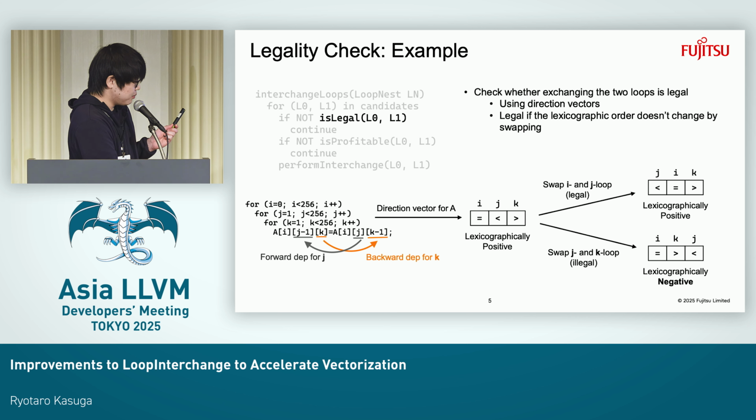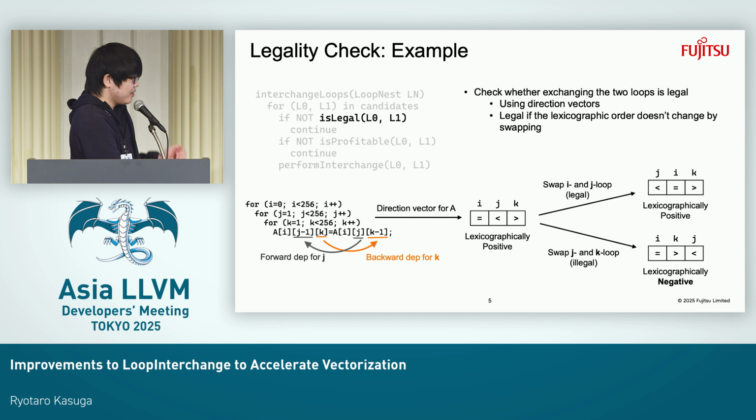We don't have any loop carried dependencies for the I loop, we have a forward dependency for the J loop, and a backward dependency for K. It is encoded to a data structure called a direction vector, as shown in the bottom center of this slide. The mark equal means we don't have any loop carried dependencies, the mark less than means we have a positive dependency, and the mark greater than means we have a negative dependency for the loop.